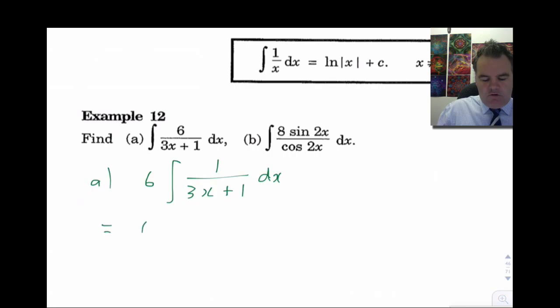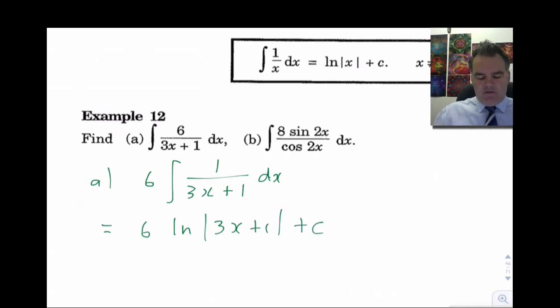And now I'm going to use the reverse chain rule again. So I'm going to do the integration. Now let's think about this. Don't worry about the 6 for a moment. Let's just focus on the 1 over 3x plus 1. If I was to do the derivative of this function right here, we would say it's 1 over 3x plus 1 times 3. Now we need to allow for the fact that we're timesing by 3, and the reverse chain rule says that we'll be putting a third at the front there.